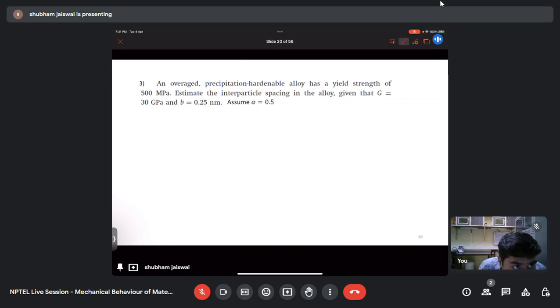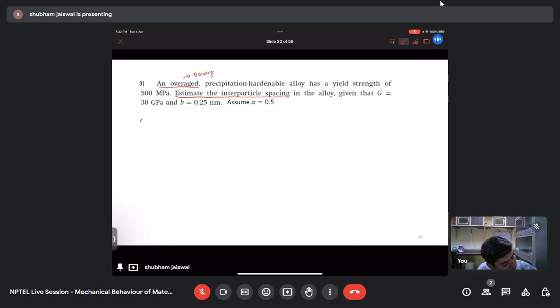Okay, so we'll solve this. What they have given is an overaged alloy. Overaged means we will have bowing of dislocation, and they are asking us to estimate the interparticle spacing. If it is an overaged precipitate, the dislocation will bow.